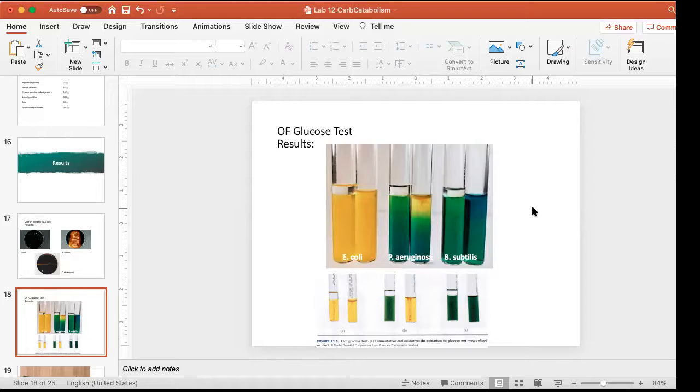We can then take those results from several of these tests and go into reference tables, textbooks, and online sources. And we can identify the organism based on the test results.